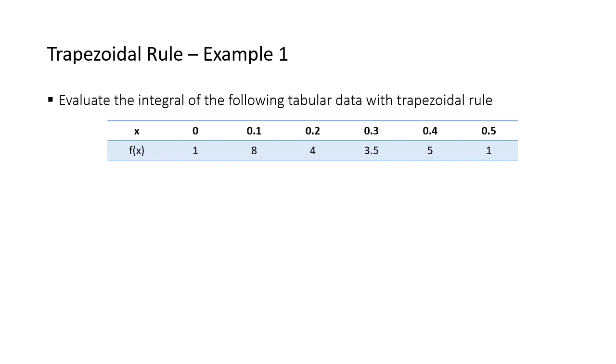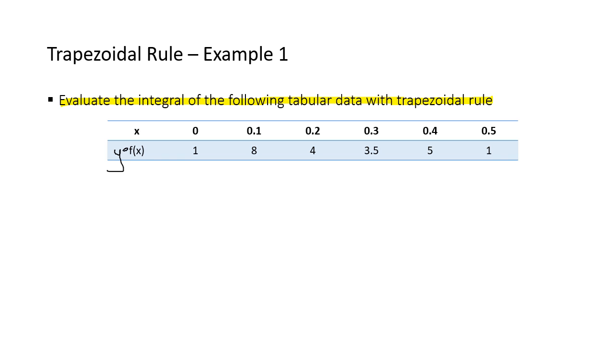Evaluate the integral of the following tabular data with the trapezoidal rule. So that's the data given, and you can see that the first row represents the value of x, and the second row represents the value of y or f of x. So basically we know that y is equal to f of x.